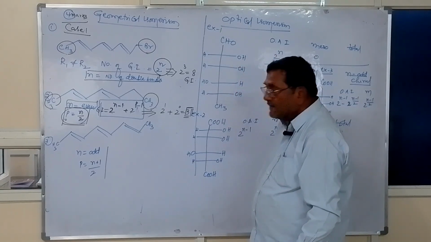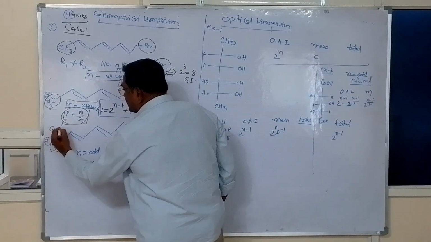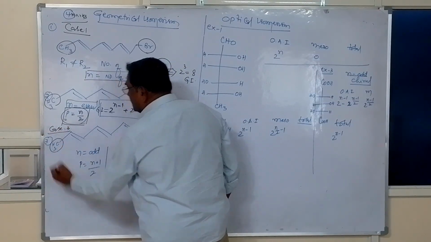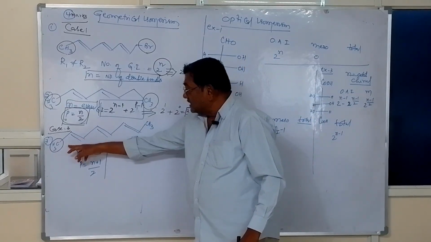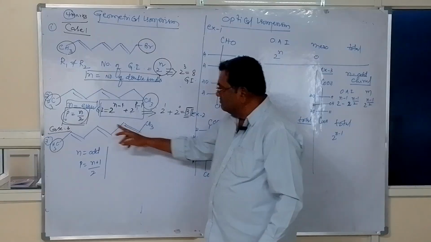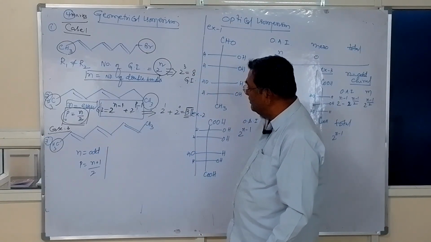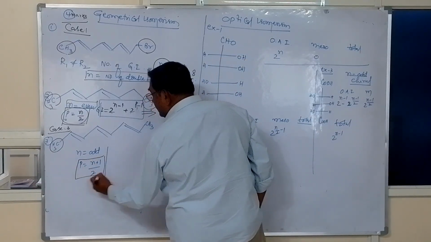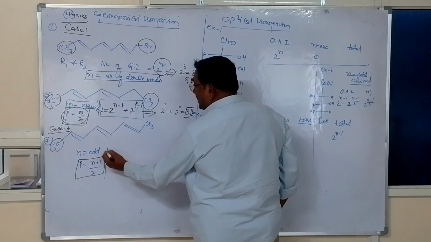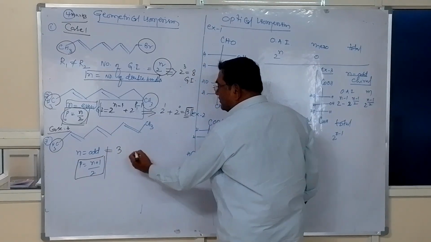Got it, children? After that, case number 3. The terminals are the same, but the number of double bonds is odd. When the number of double bonds is odd, p is calculated as n plus 1 by 2. Here n is 3, an odd number of double bonds.